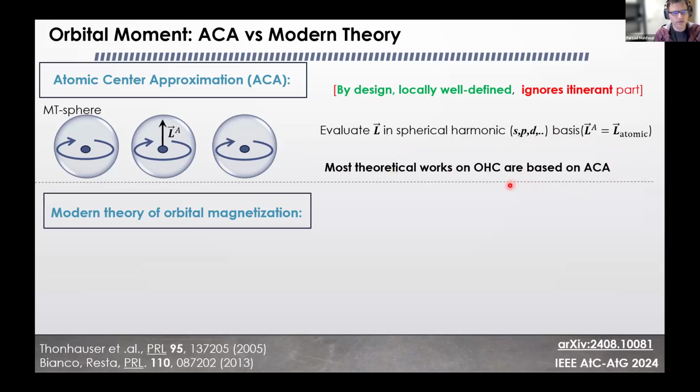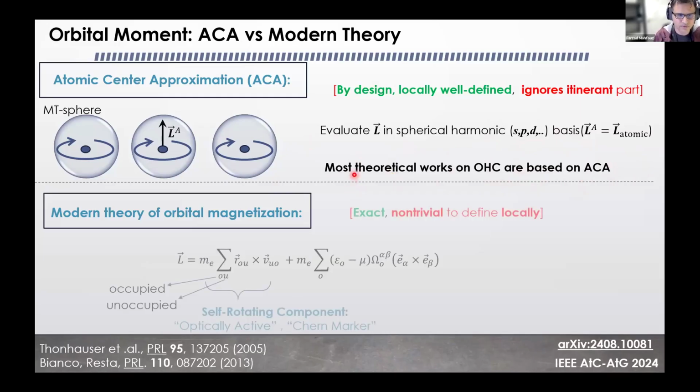Now, the more accurate approach, an exact approach of describing orbital moment, is the so-called modern theory of orbital magnetization. The good thing about the atomic center, atomic orbital moment, is that it's by design locally well-defined. But what you're ignoring is the potential contribution from hopping of electrons from one atom to another, the itinerant part.